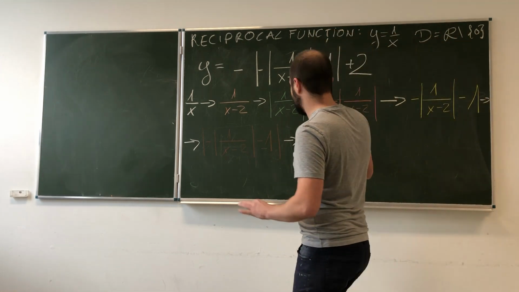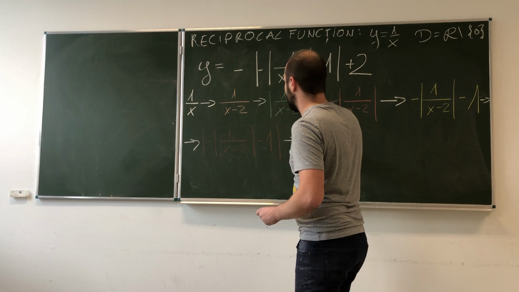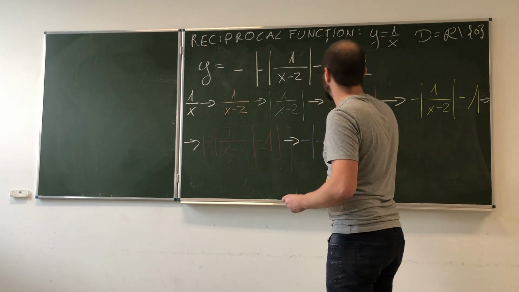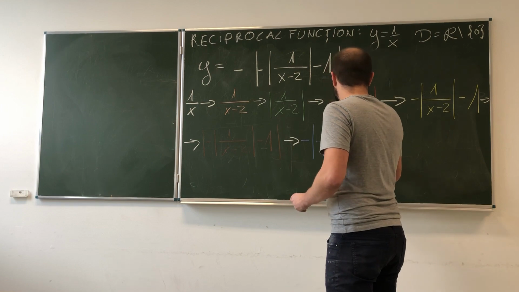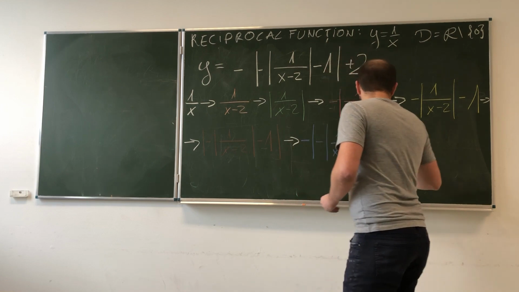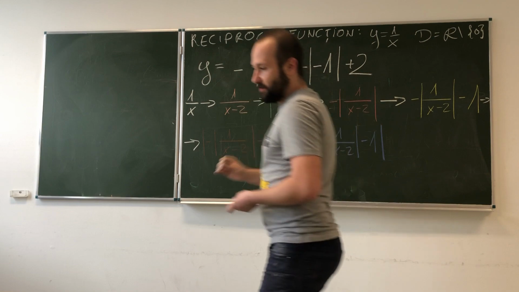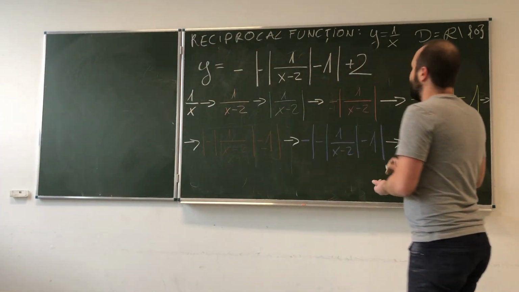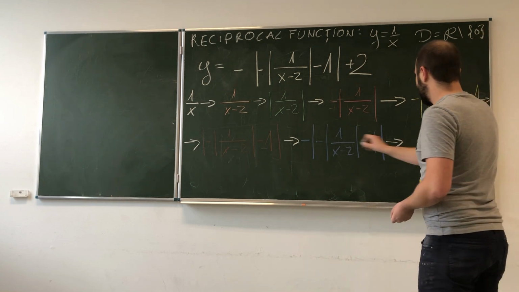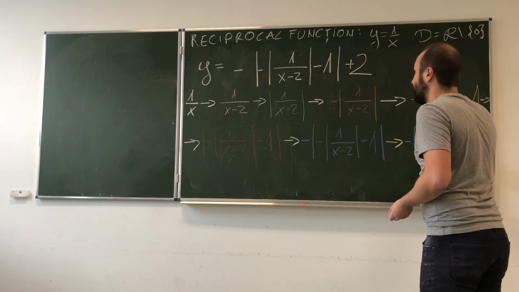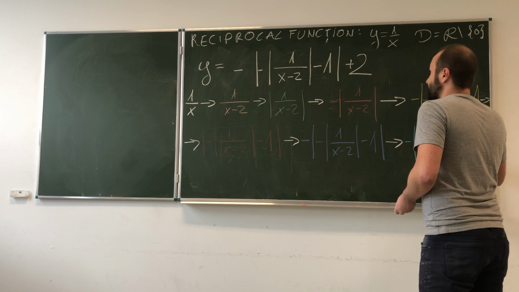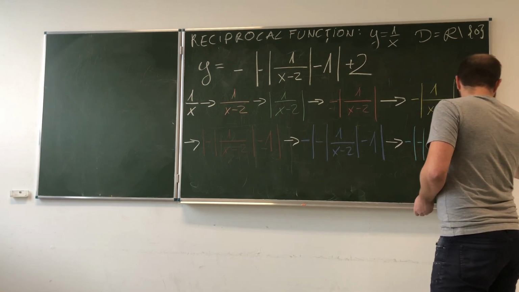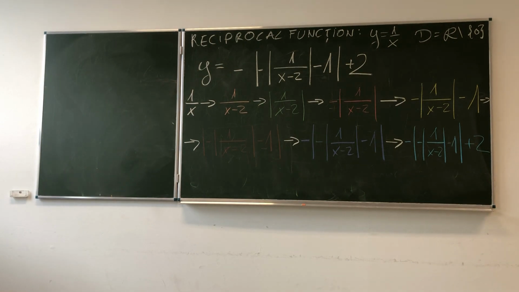I'm running out of color at the moment. Okay, so we've got now minus absolute value of 1 over x minus 2 minus 1 absolute value, and finally the function that we actually want to get here in the last step is when we get this function and we are moving it up by 2.